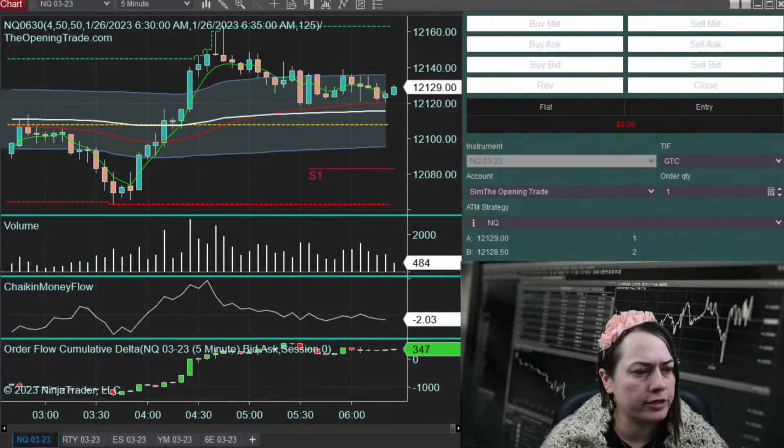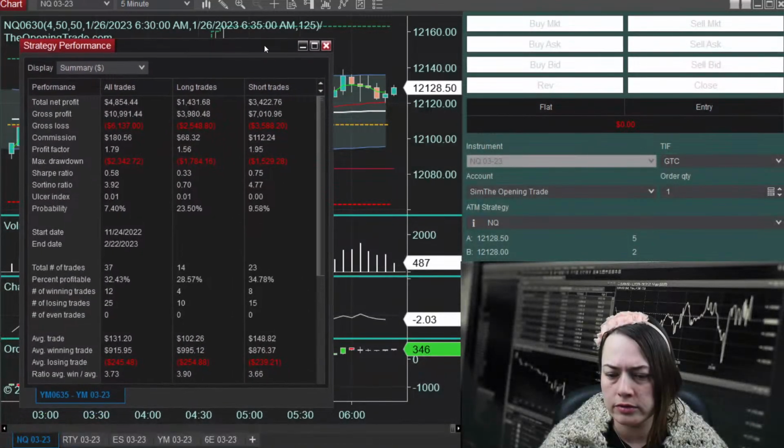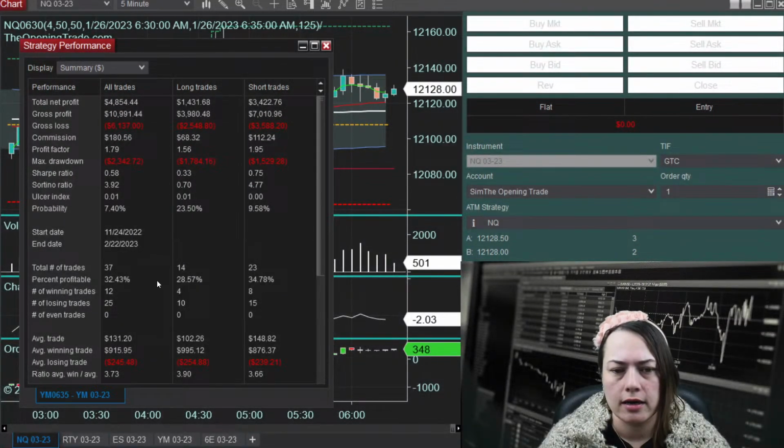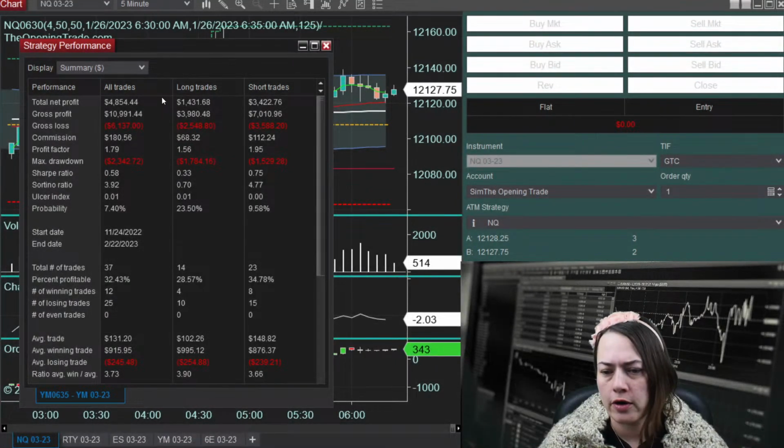And then the last trade we could potentially see fire off today will be on the Dow. This is Dow Jones Futures. This is our 90-day back test for the previous 90 days. Here's our max drawdown, our gross loss, gross profit, and total net profit.